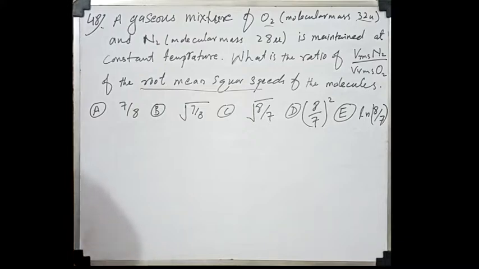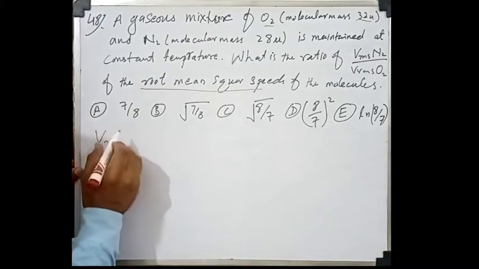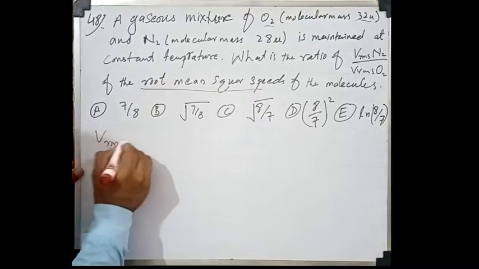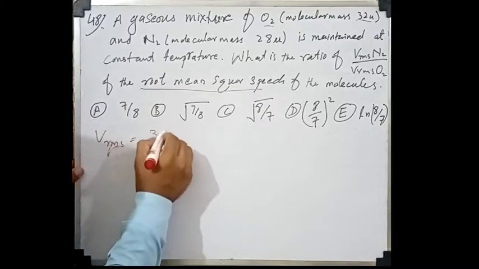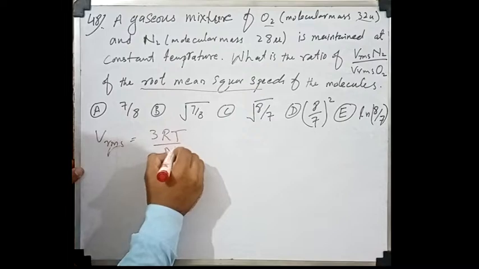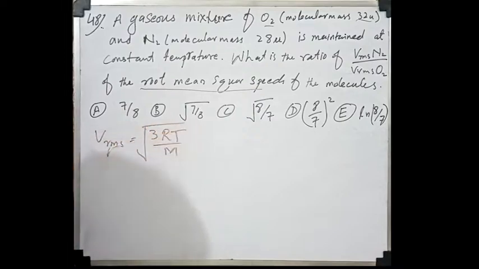The root mean square speed formula is Vrms = square root of 3RT over m, where m is the molecular mass of the molecule.